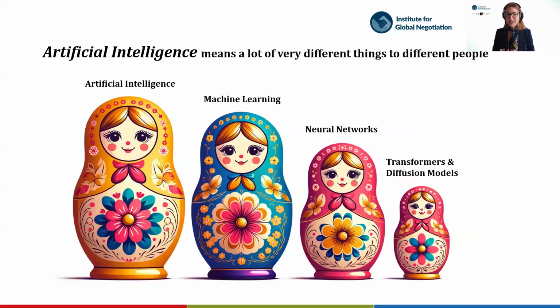Now, artificial intelligence means a lot of very different things to very different people, and even to similar people, it can mean very different things. That is why regulating artificial intelligence might not have been the best idea to begin with, because what we think about as artificial intelligence is usually this rather philosophical idea that computers can be intelligent.